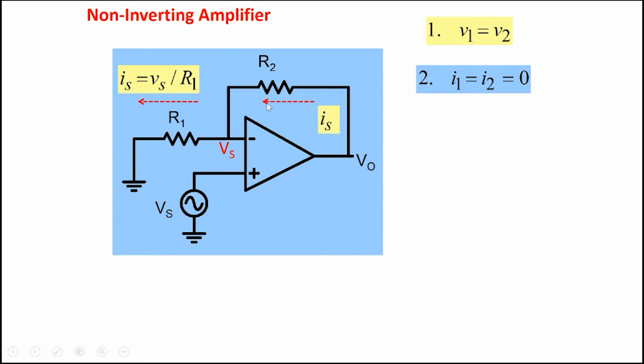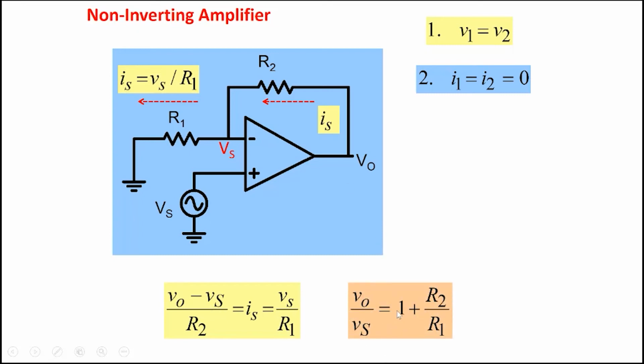The same current will flow through this one, equal to Is. And then we can write V0 minus Vs by R2 equal to Is, Ohm's law across R2. And thereby we get V0 by Vs is 1 plus R2 by R1. So we call this a non-inverting amplifier. V0 is equal to Vs multiplied by this quantity, 1 plus R2 by R1.